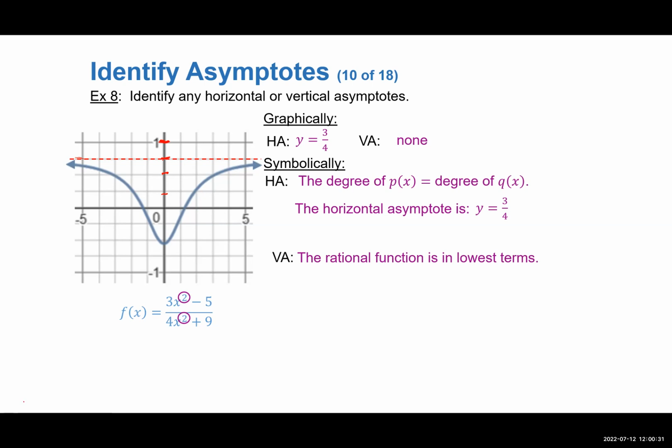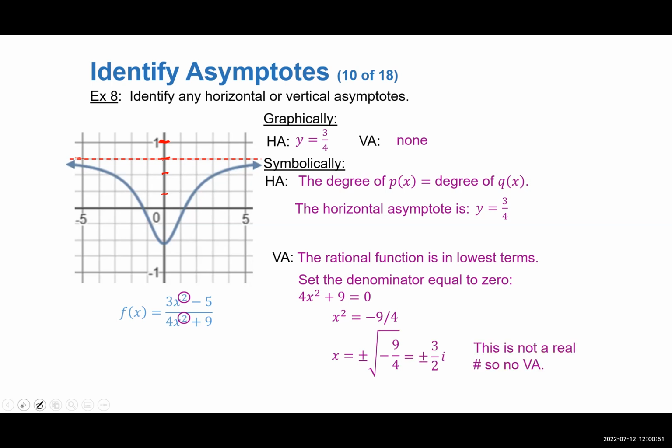So we take our denominator and we set it equal to 0. And so we solve, we subtract 9 and divide by 4. And we get x squared equals -9/4. Well, you can never square a number and get a negative. So there are no real numbers that would make that true. So there's no vertical asymptote.